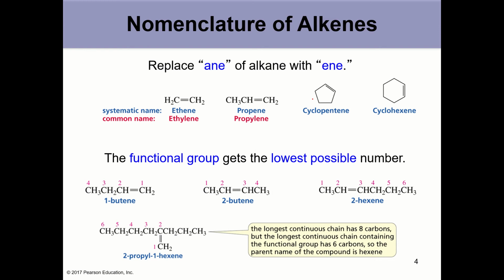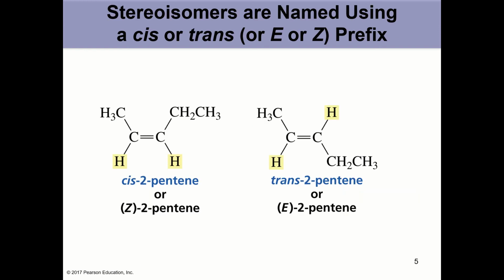As with other functional groups, we want the chain to contain the functional group. So the main chain should contain the functional group, and we should give the functional group the lowest possible numbering. But if we have a functional group that is higher priority, such as an alcohol, we will still number and name the chain to give the alcohol the lowest possible numbering.